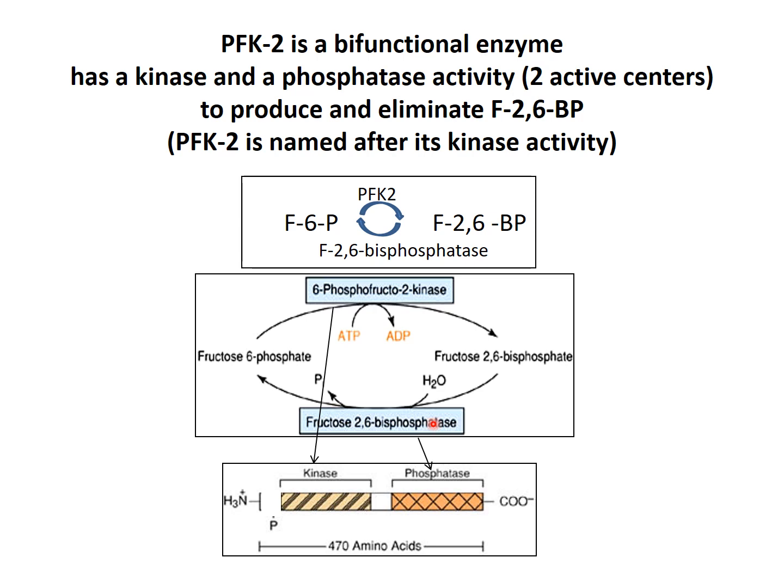PFK2 kinase activity and PFK2 phosphatase activity will determine whether we produce fructose 2,6-bisphosphate or we eliminate it. This will be the insulin signal, and this will be the glucagon signal.